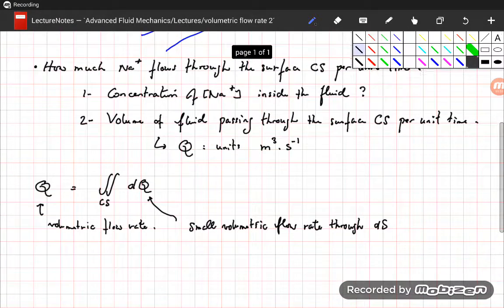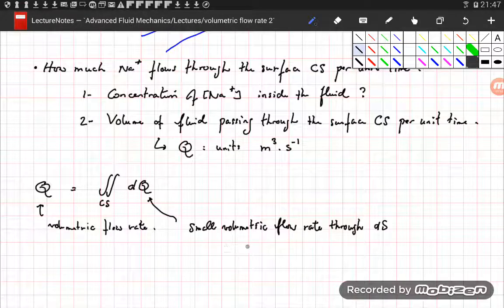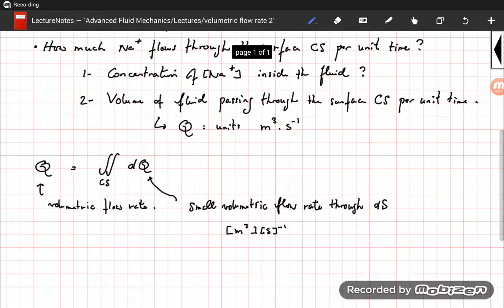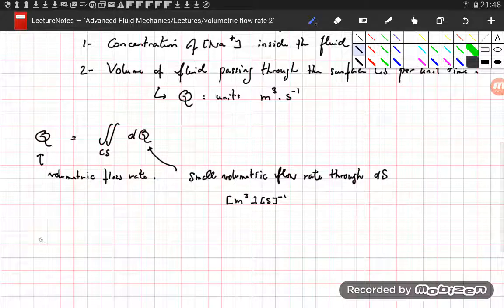Now again, dq will have units of meter cubed per second. So to find an expression for dq, instead of thinking about volume per unit time, we'll think about what volume of fluid passes through dS, not per unit time, but over a small time dt.